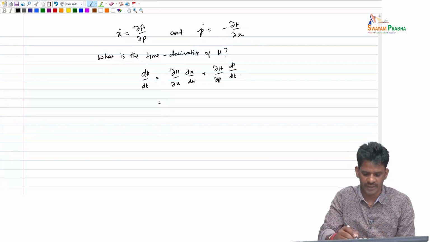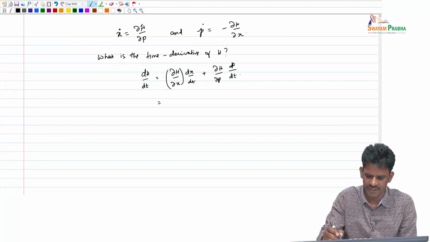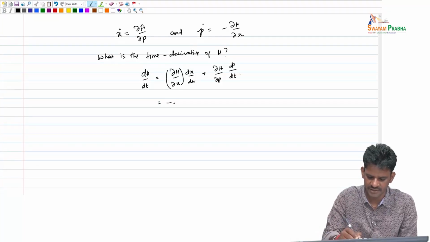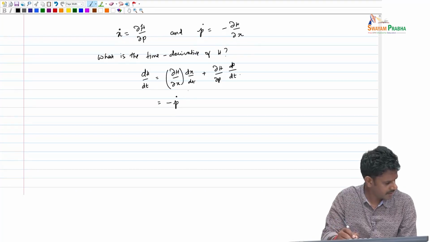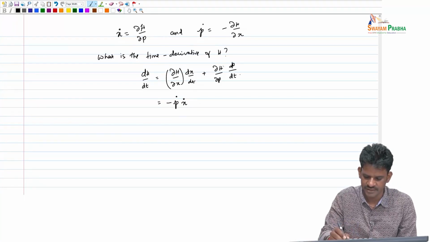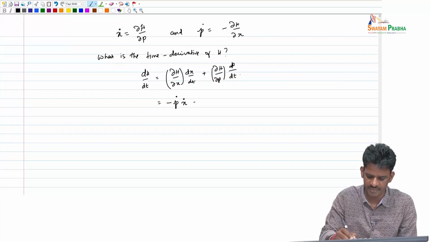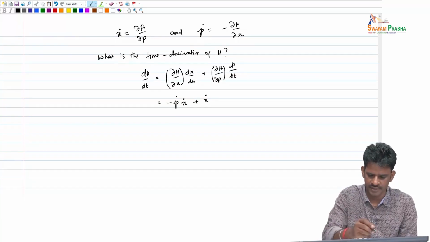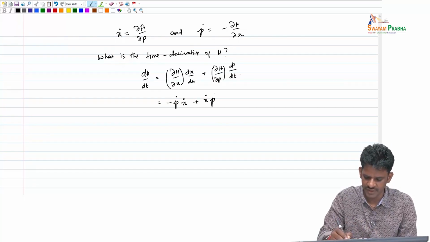And what is partial H by partial x? From the equation of motion, we can write this as minus p dot, and dx by dt is nothing but x dot, the time derivative of x. Partial H by partial p is given by x dot, and dp by dt is p dot.